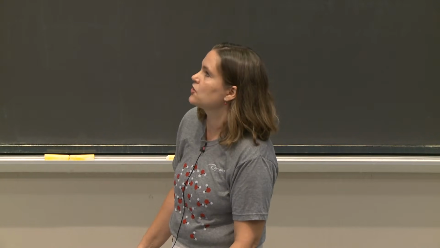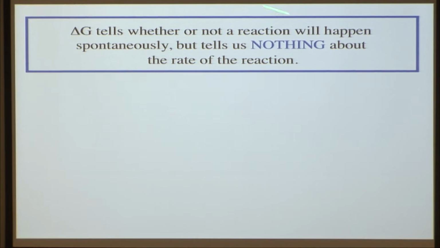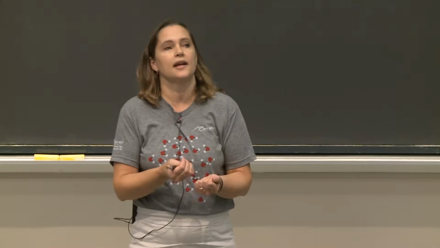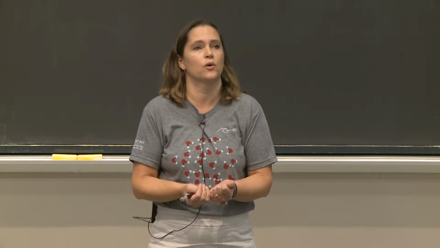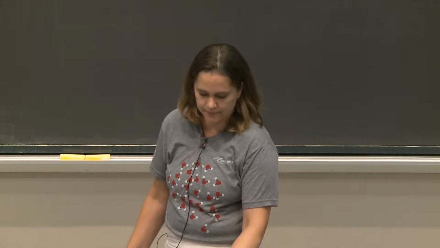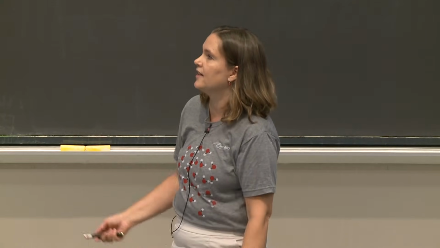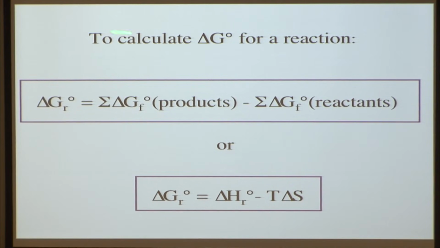So thermodynamics is great, but it doesn't tell us anything about the rates of reactions, so nothing about the rates, and that's kinetics. So really, thermodynamics and kinetics are very important for explaining reactions. And we'll talk about more kinetics at the end. So to calculate a delta G for a reaction, it depends, again, what you're given.